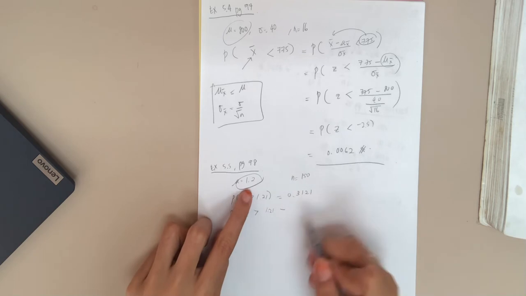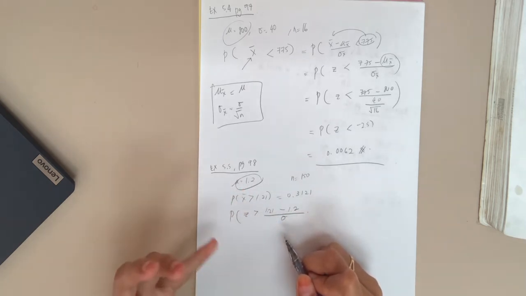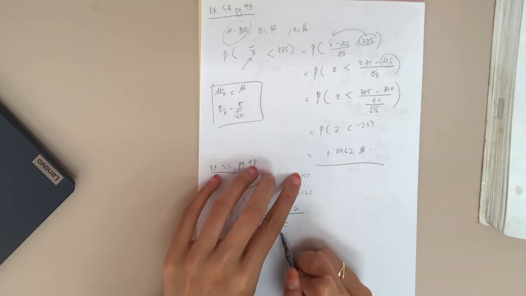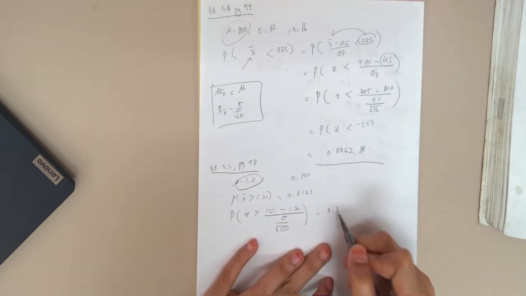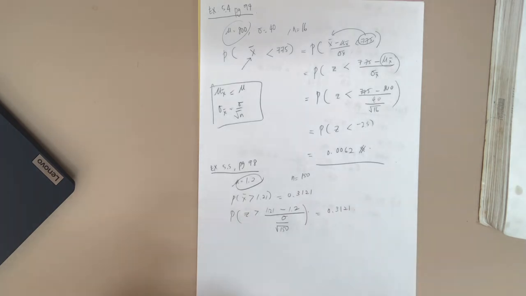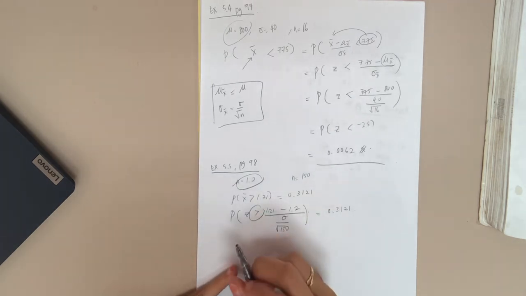What is your mu just now? 1.2, and then divided by sigma, the standard deviation. You don't know the value yet because we want to find the standard deviation here, over the square root of 150, close the bracket, and this will be 0.3121. Now class, if you want to use the table, remember that this table gives you the answer for less than. But now this is greater than, so you should change the symbol.